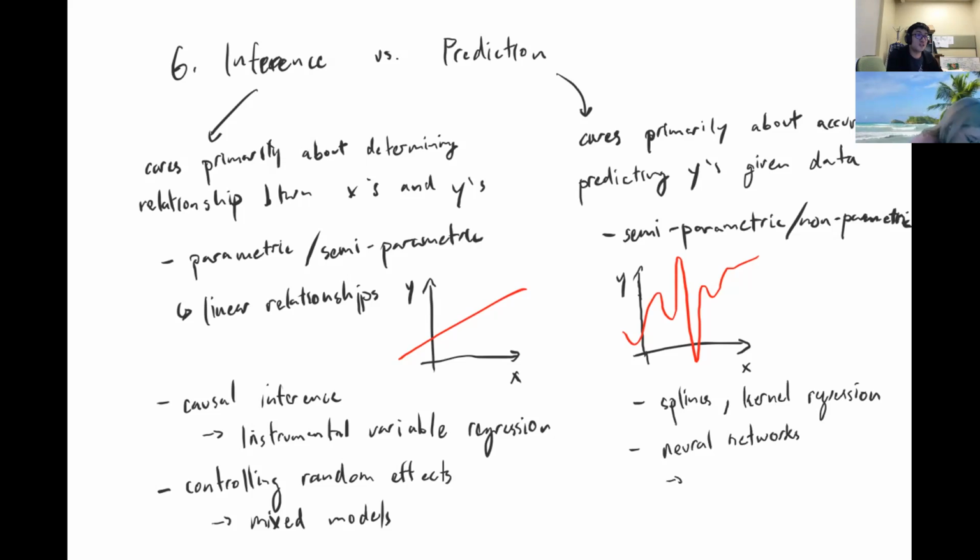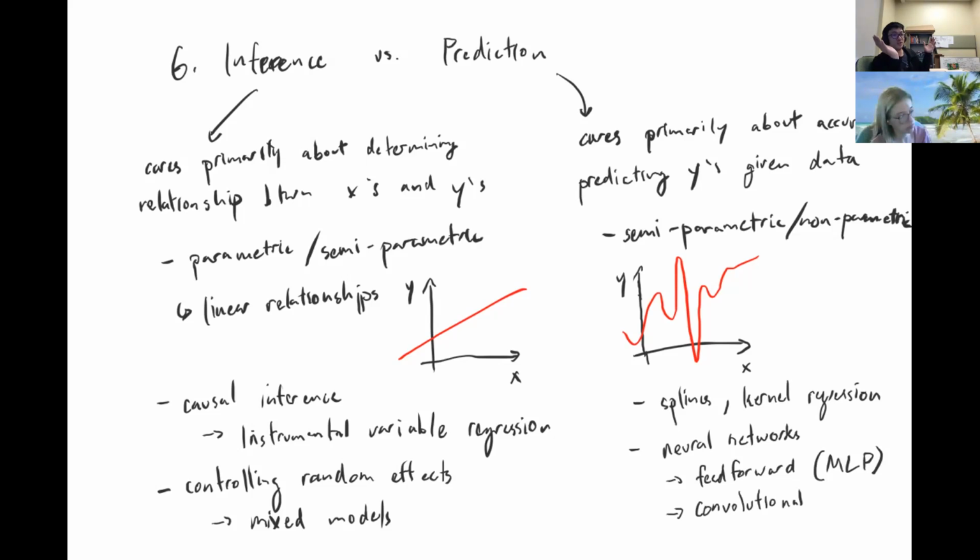So this includes feed forward, also known as multi-layer perceptrons, and we also talked about last time convolutional neural networks that are applied for a specific class of problems, image classification usually, but are good for generally grid-based data.